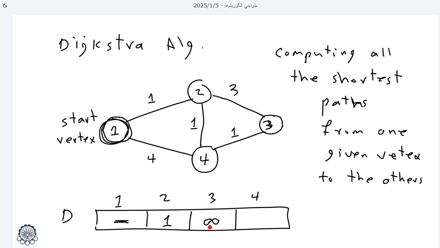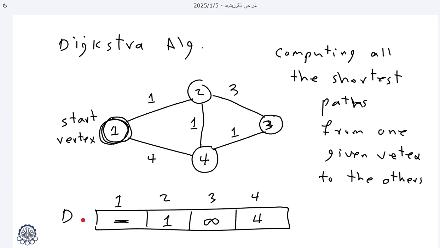The weight of edge 1, 4 is 4, so we put 4 here.